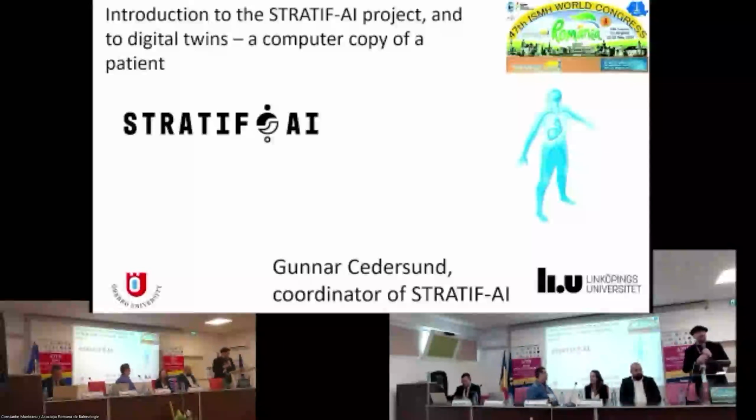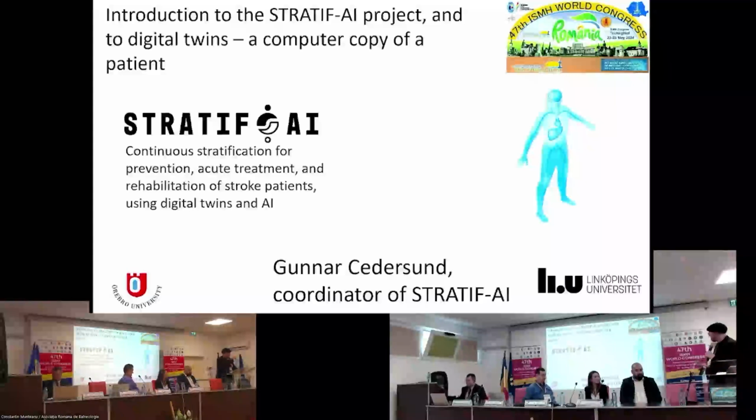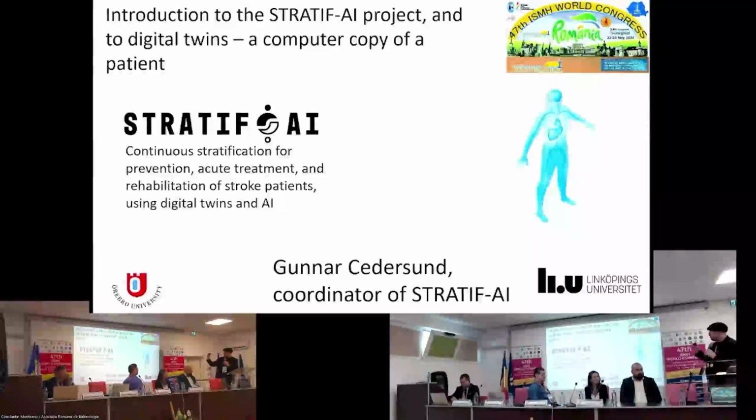Stratify's title is Continuous Stratification for Prevention, Acute Treatment and Rehabilitation of Stroke Patients, using digital twins and AI.